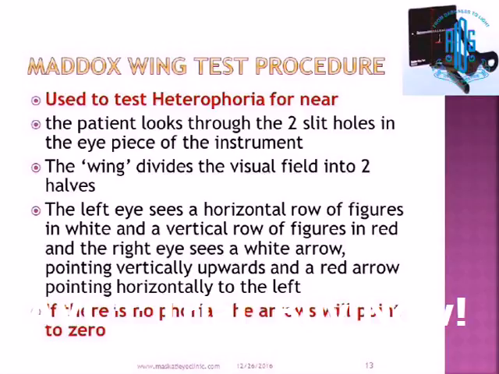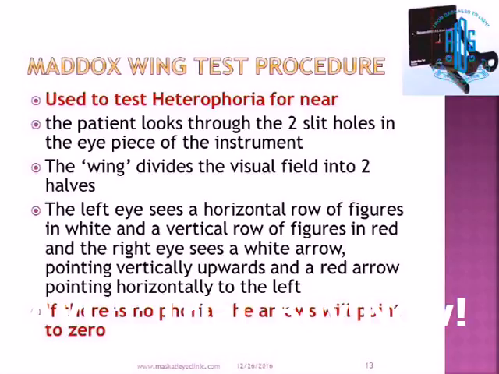When you put the Maddox wing, give it to the patient to hold and ask where the white arrow is pointing. Normally the white arrow points to 0. But if there is an esophoria, it will point to 3, 5 or 7, the odd numbers. If it's an exophoria, it will point to 2, 4, 6 or something. The eye will move accordingly.